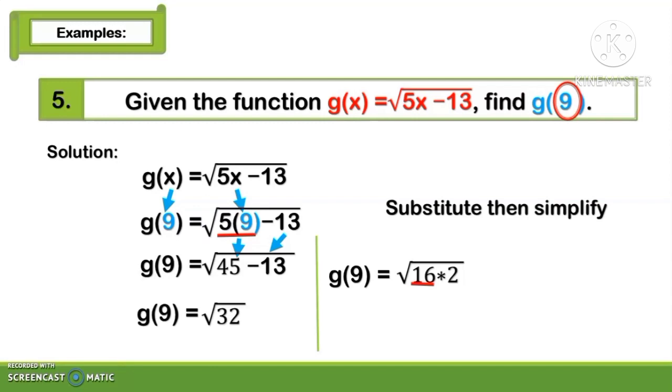So, pwede na natin ilabas yung square root ni 16. Now, g of 9 is equal to square root of 16. Ilalabas natin, magiging 4. May iwan sa loob si 2 at magiging square root of 2 siya. The final answer is g of 9 is equal to 4 square root of 2. That is our final function.